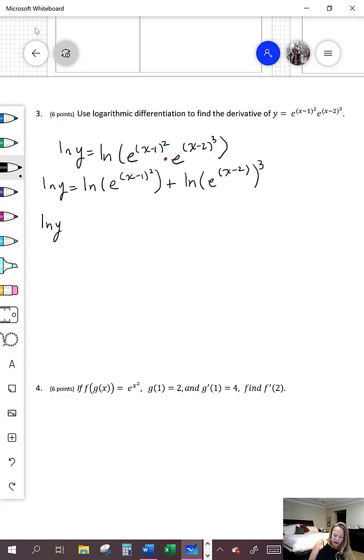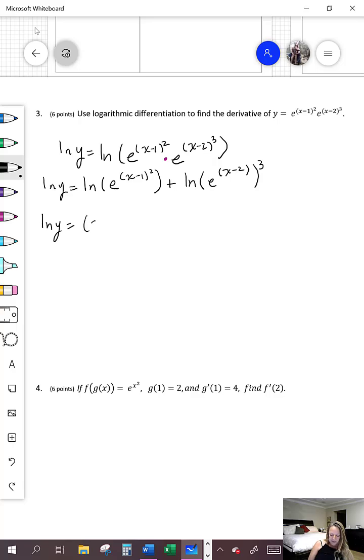So we have the natural log of y is equal to the natural log of e raised to the (x minus 1) quantity squared. By definition, natural log is asking: what exponent do you raise e to in order to get this back? E raised to the (x minus 1) quantity squared.